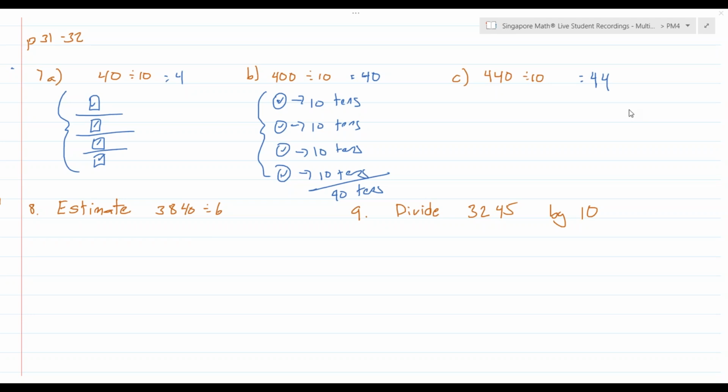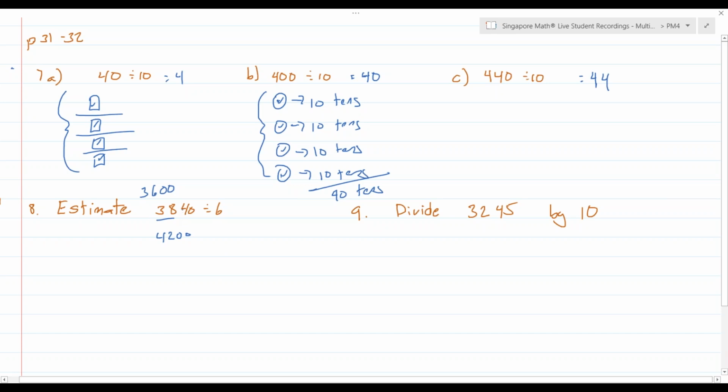So on number 8, when it asks us to estimate 3,840 divided by 6, with division, we're not going to necessarily go to the nearest thousand. We want to go to the nearest number that is going to be divisible by 6. So if I think of 3,800 and I think of the multiples of 6, 3,600 and 4,200 are the closest multiples.